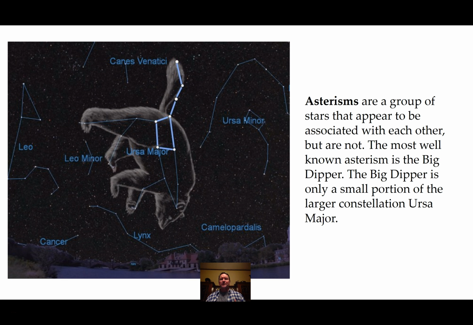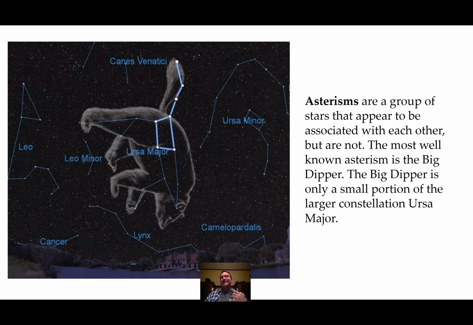Now, what is an asterism? It's basically a group of stars that appear associated with each other, but are not. They're going to actually make out a shape. So you can see here that Ursa Major makes out a shape like a Big Dipper, like a big spoon, basically what they call a ladle type of thing. Okay? Well, here's the thing about it.